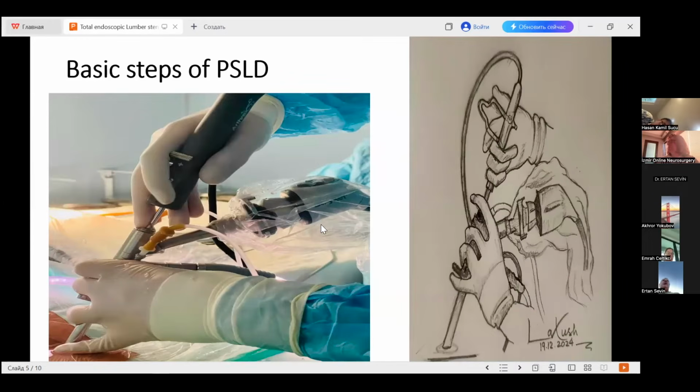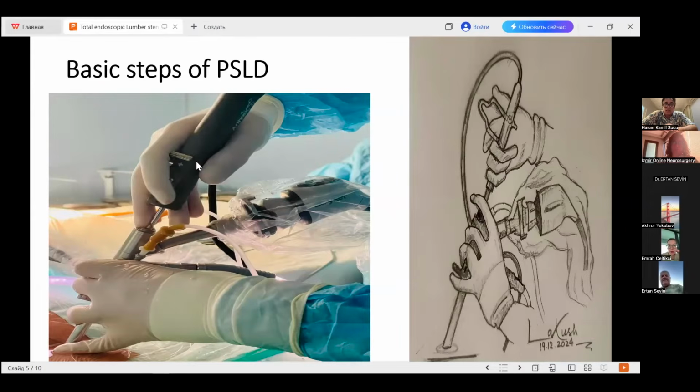These are basic tips of PSLD. How to hold the scope: this five fingers, this is the stopper. This finger supports this part, and the other fingers are for fixing the cannula and holding the scope.